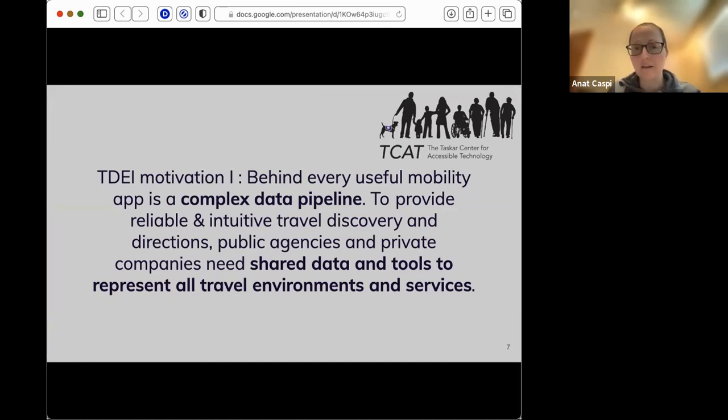And it's acknowledged that public agencies and private companies need shared data and shared tools to represent all those travel environments and services. So right now we have several travel environments as well as several types of services that are gapped. They don't currently have those digital feeds like the GTFS feed. And so we want to bridge some of those gaps.